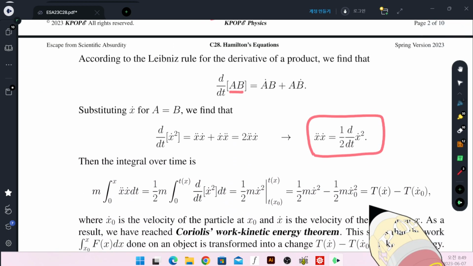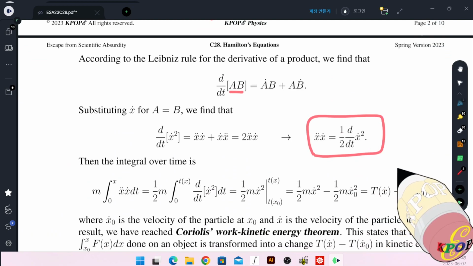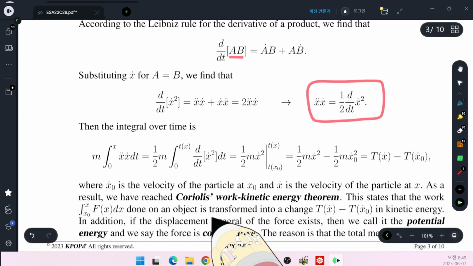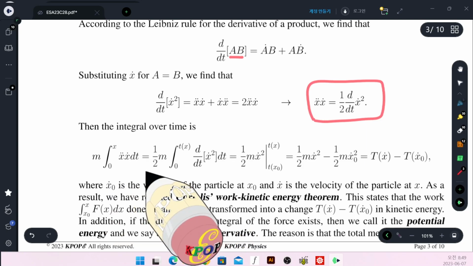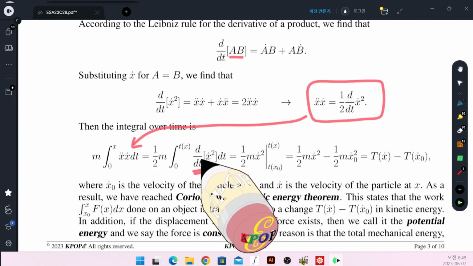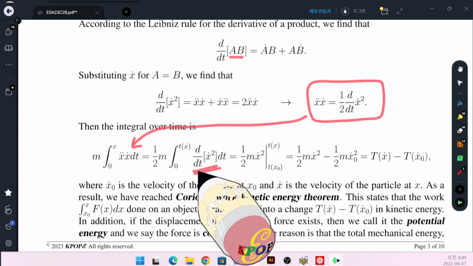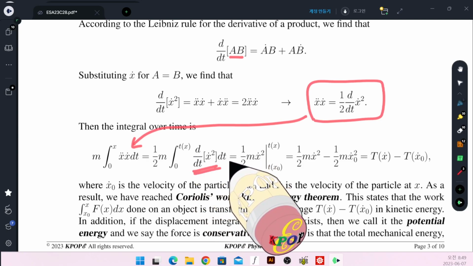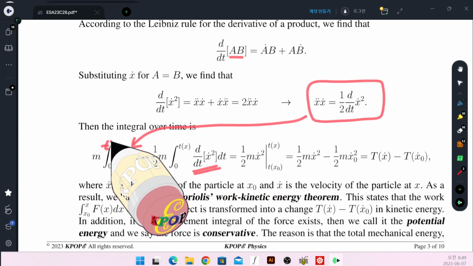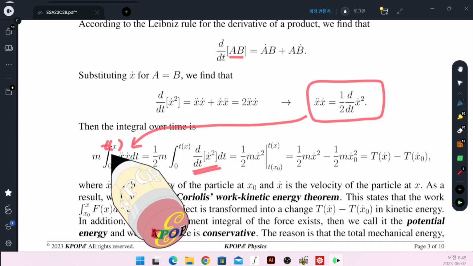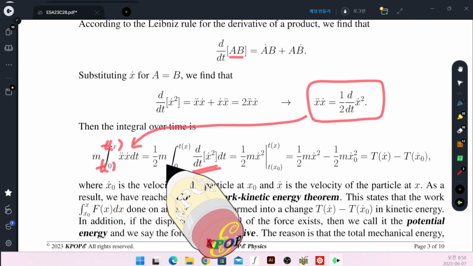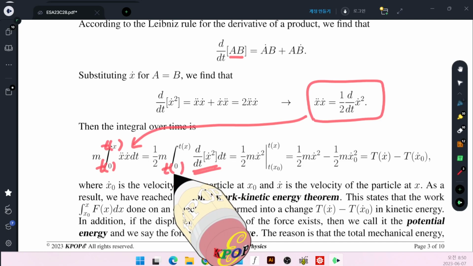We know this one very well, that it corresponds to the overall factor of the kinetic energy. We replace this one with the time derivative of velocity squared, and the derivative's integral is, or you should have replaced this one with x0, t of x0, something like that.